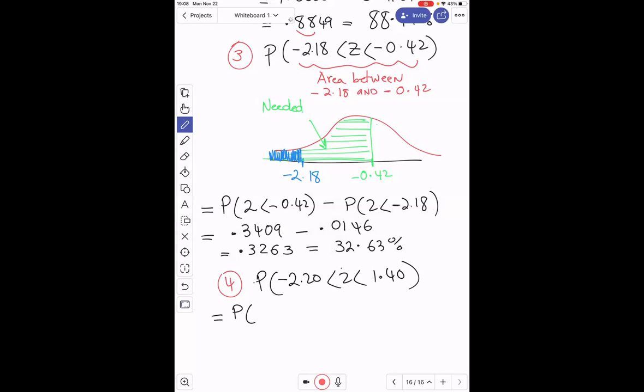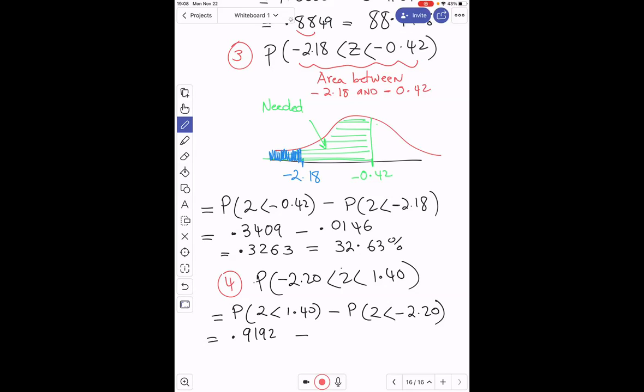Any question? Okay, probably not. So it's the probability that z is less than 1.40 minus the probability that z is to the left of negative 2.20. From the table, less than 1.40 is 0.9192.